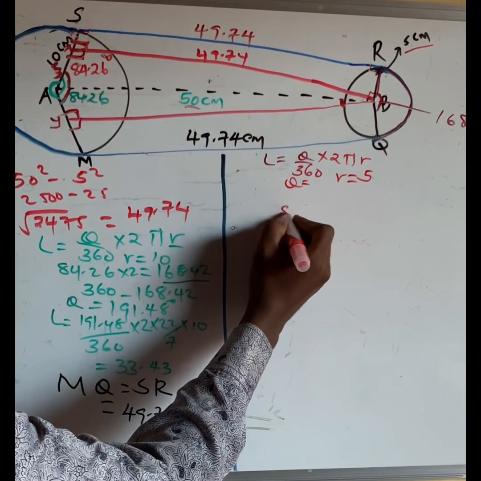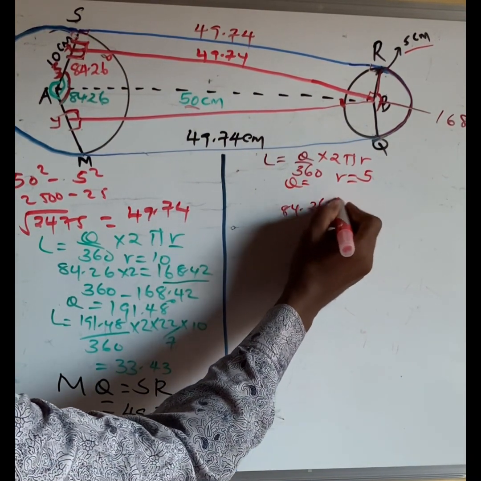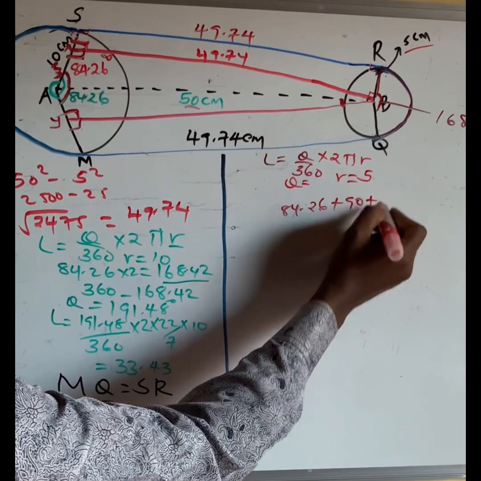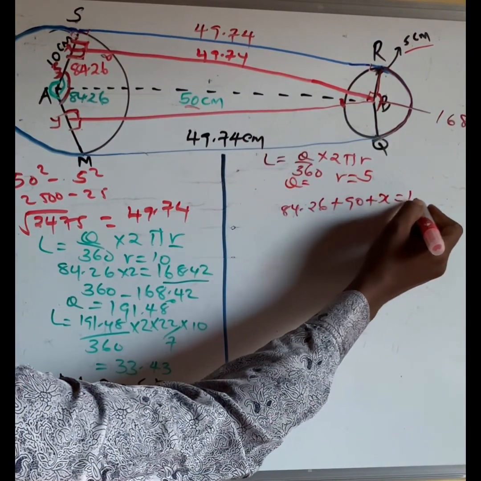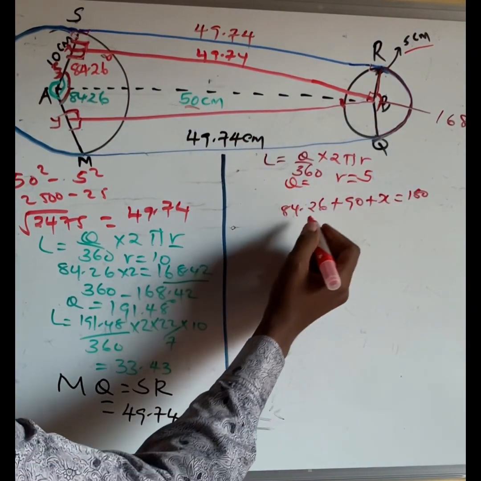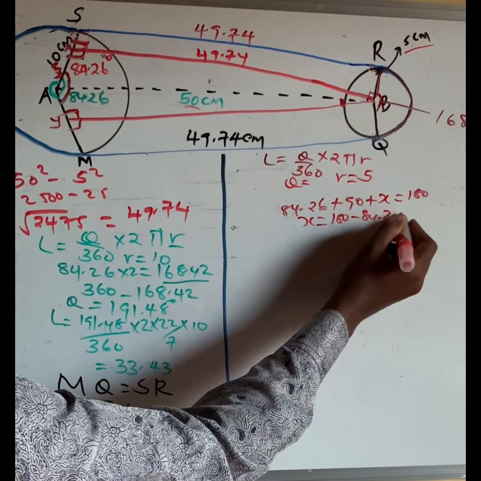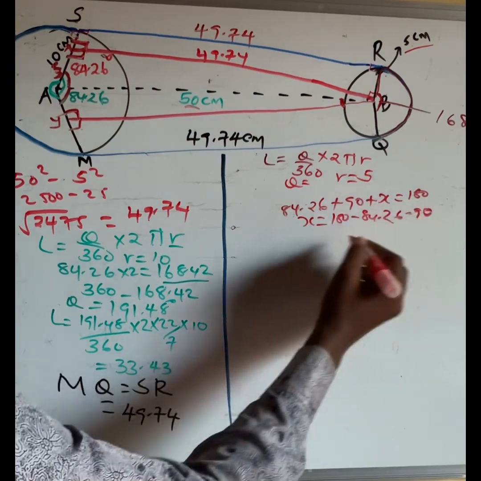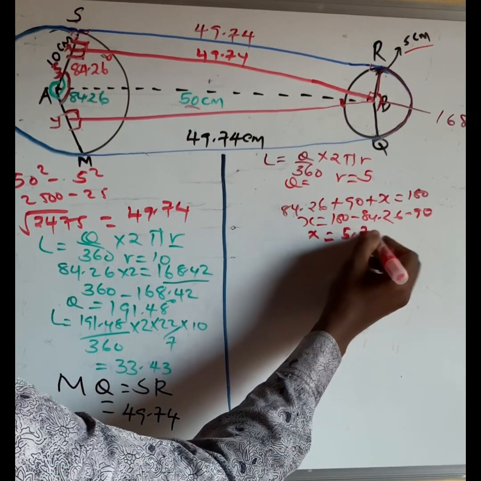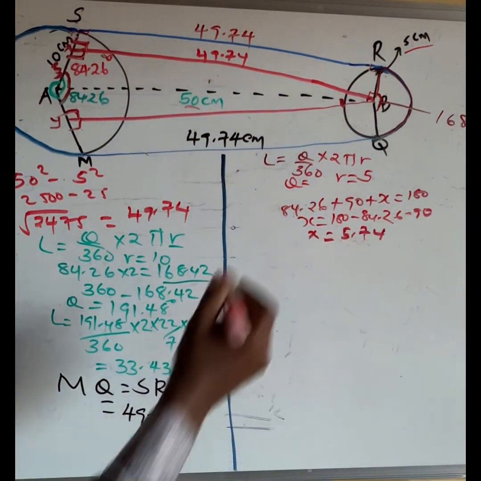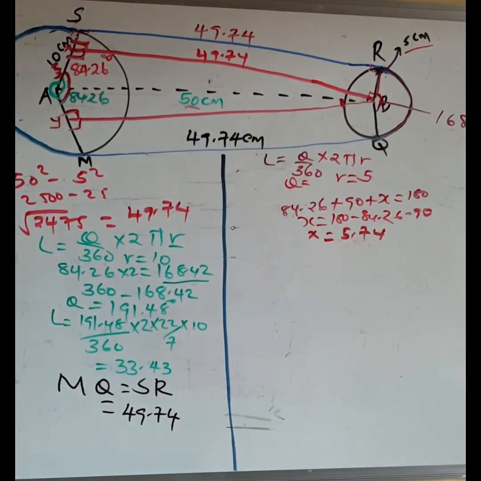So 84.26 plus 90 plus that angle, we don't know X, let's call it 180. Then X will be 180 minus 84.26 minus 90. X will be 5.74. So this angle is 5.74.